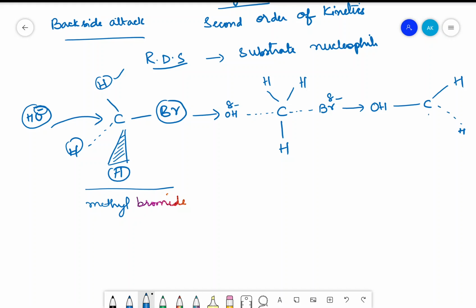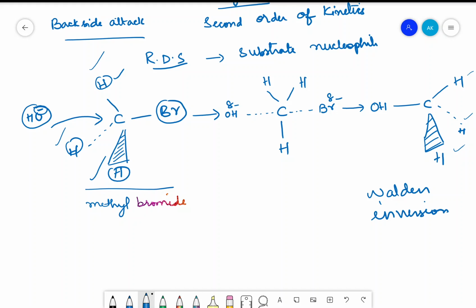The broken line will be this way, the wedge shape will be this way, as it is an inverted umbrella shape. So in the course of the reaction, the configuration of the carbon is inverted like an umbrella blown inside out. It is actually the opposite of all this representation. It is actually inversion of the configuration. And as this inversion of configuration was given by a scientist named Walden, this type of inversion is called Walden inversion.